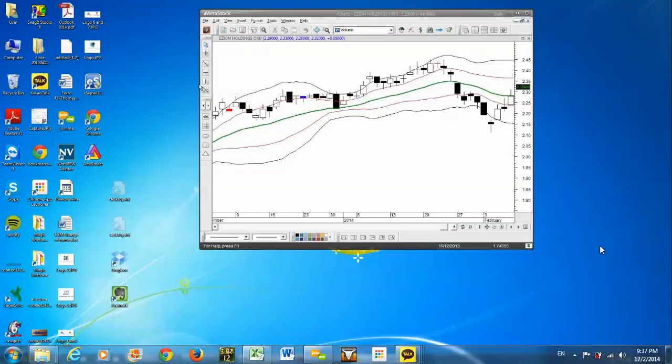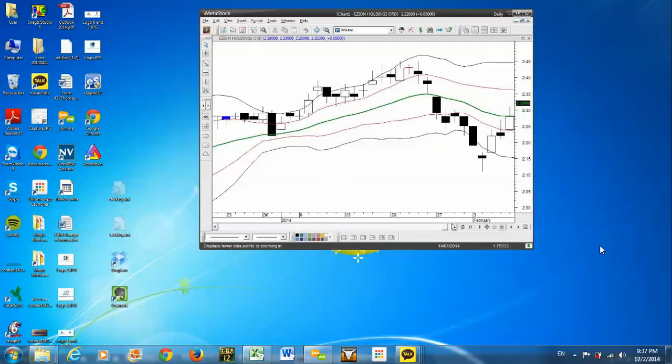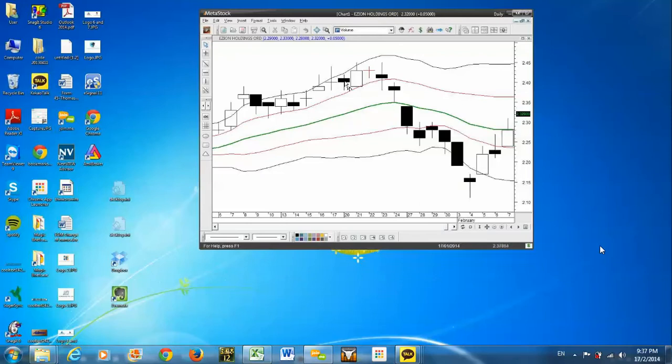Okay, the market moved up, paused, and after this pause the market moved down. So we are trying to trade this move down. Follow?